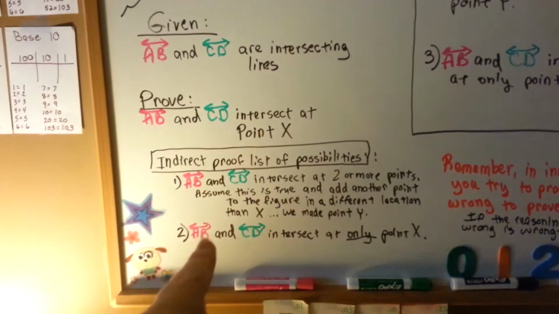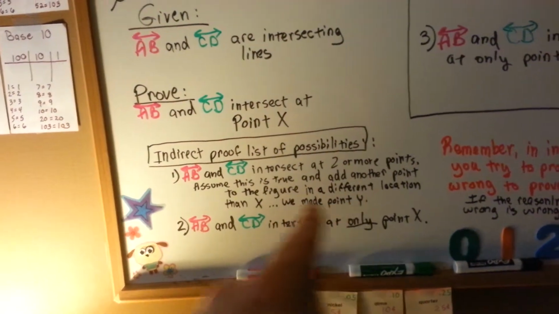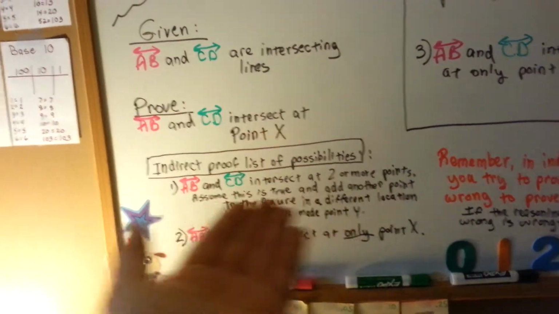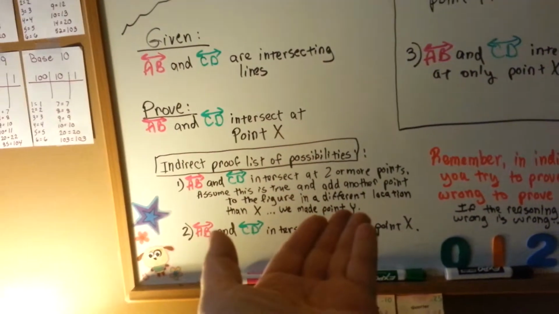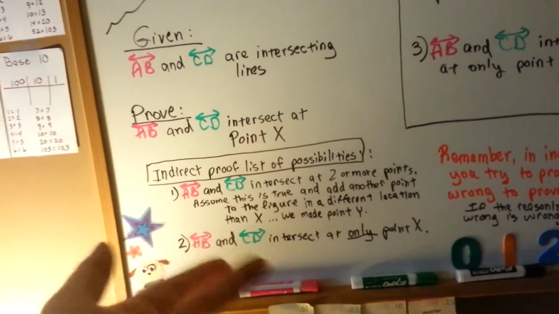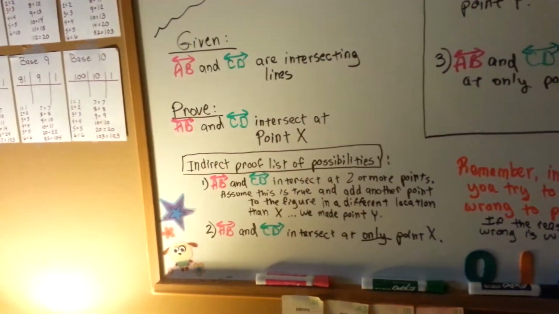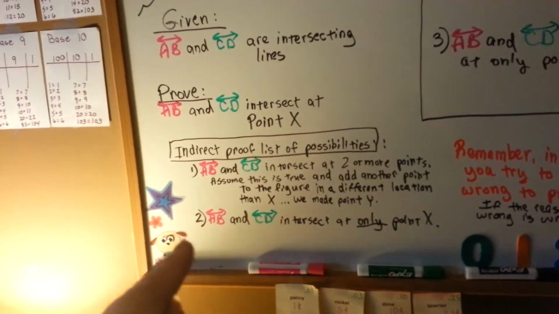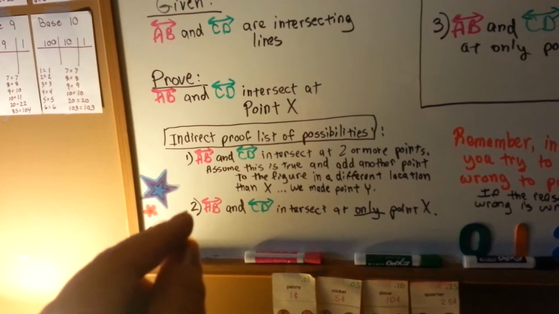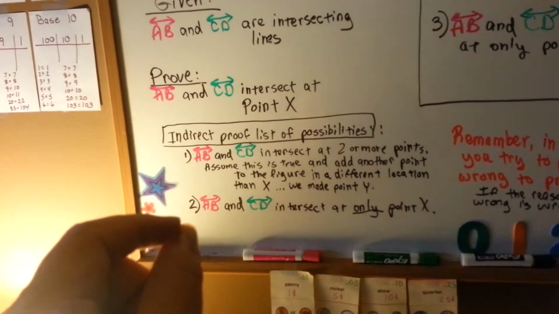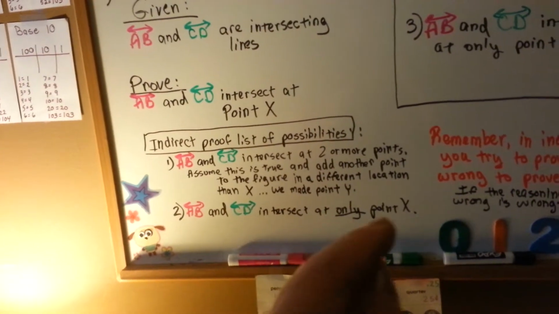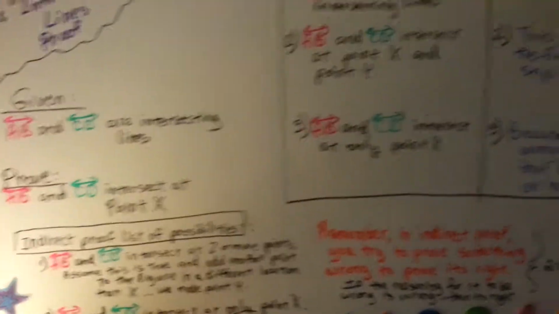Then the reasoning would be that they don't intersect at point X. Because if there's another point, like Y, that they intersect at, well, then this is wrong. So we're going to prove this right by trying to prove it wrong. So the second point in the indirect proof is that the pink line and the green line intersect at only point X. So let's see how I got there.